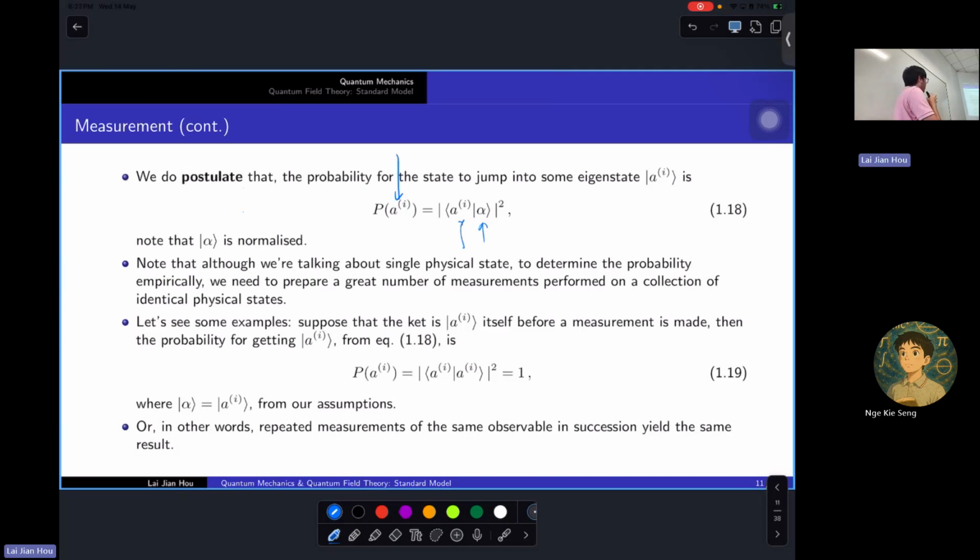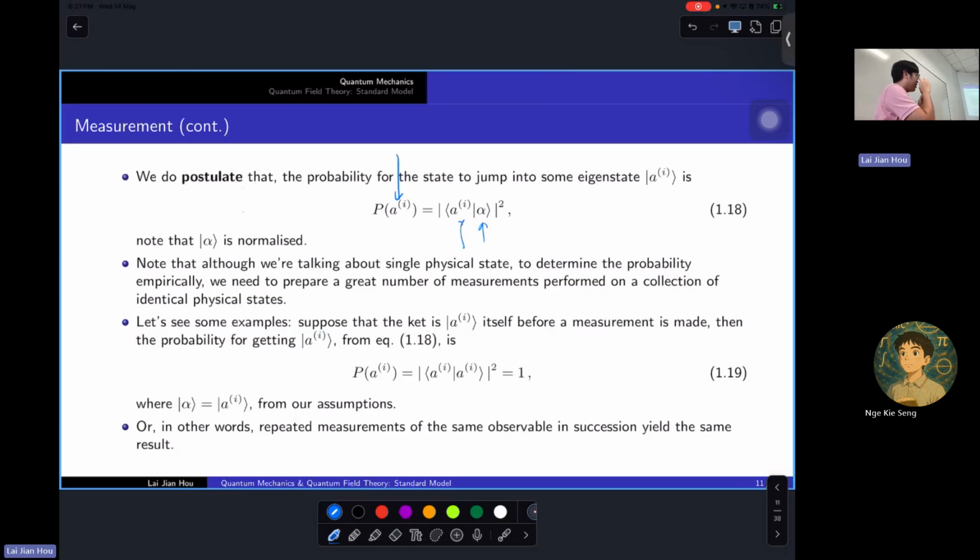Suppose that we have a ket A_i. The physical state is A_i itself before a measurement is made. Let's say we want to measure the probability of getting A_i on a physical system which is initially already in the eigenket of A_i.